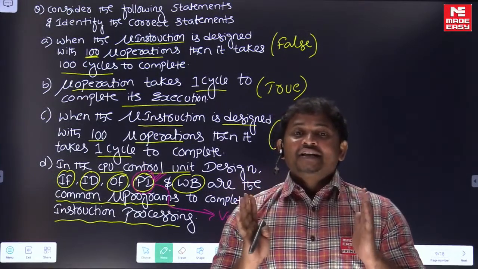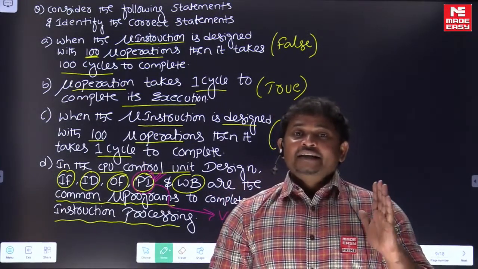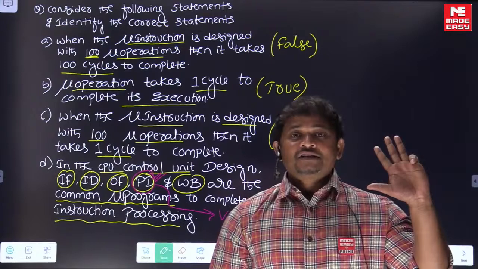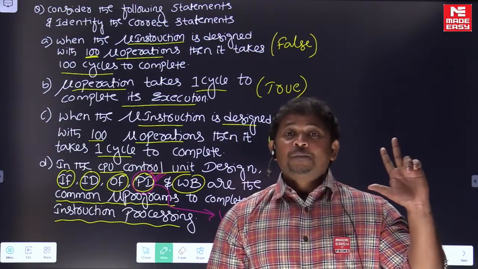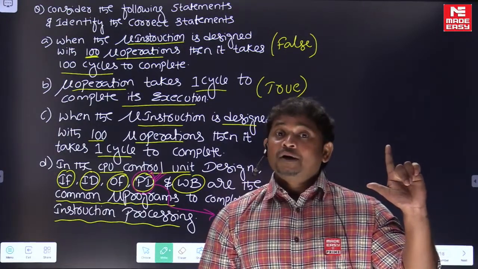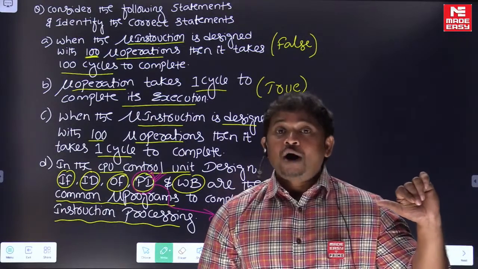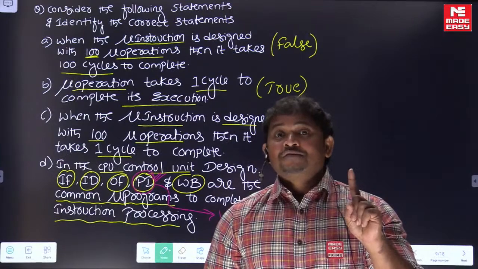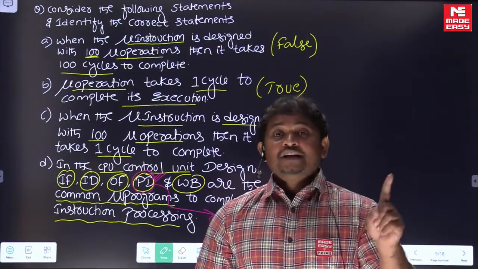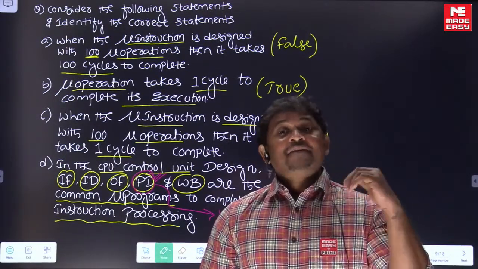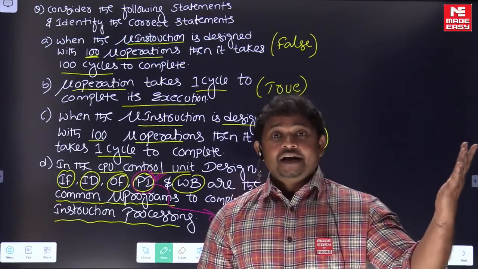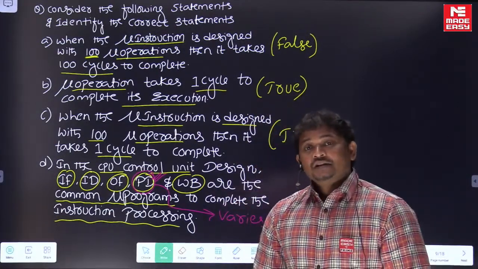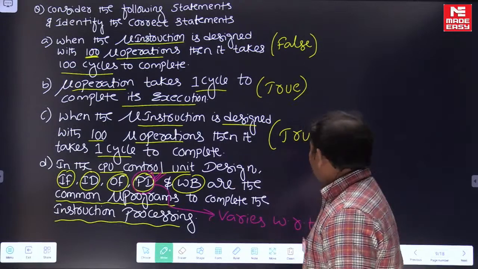In the instruction execution process, instruction fetch is a common process, instruction decode is a common process, operand fetch is a common process, operand store is a common process. But processing data is not common because the operations are different. So different operations require different micro programs. Okay students, therefore this statement is false.